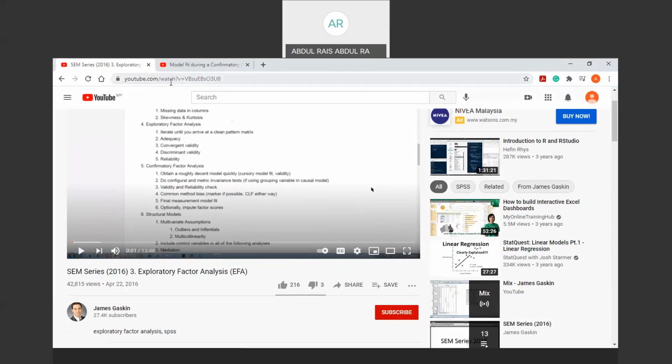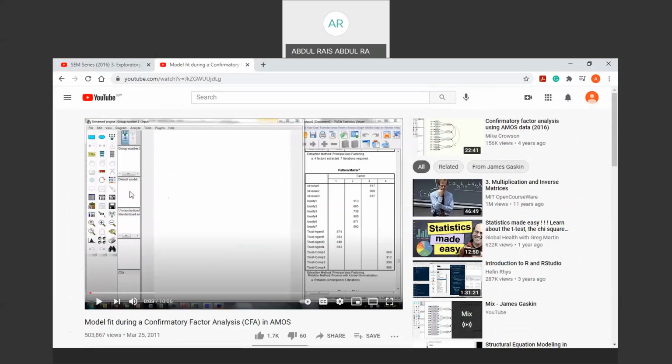The same also applies for the third video, EFA. Take note that for validity through correlation and through EFA, you can use SPSS, but if you are doing confirmatory factor analysis, you will need an add-on to SPSS, which is the AMOS software.